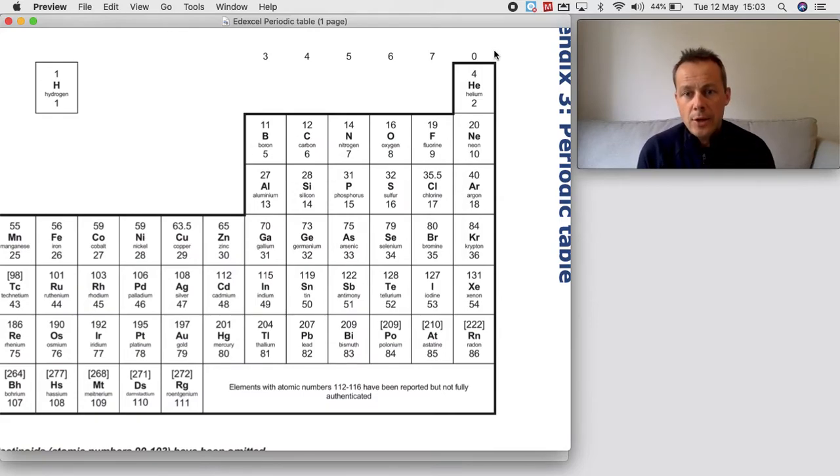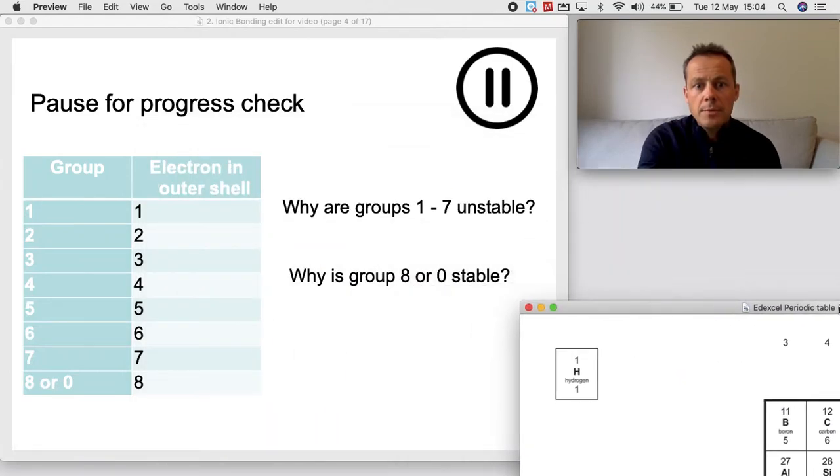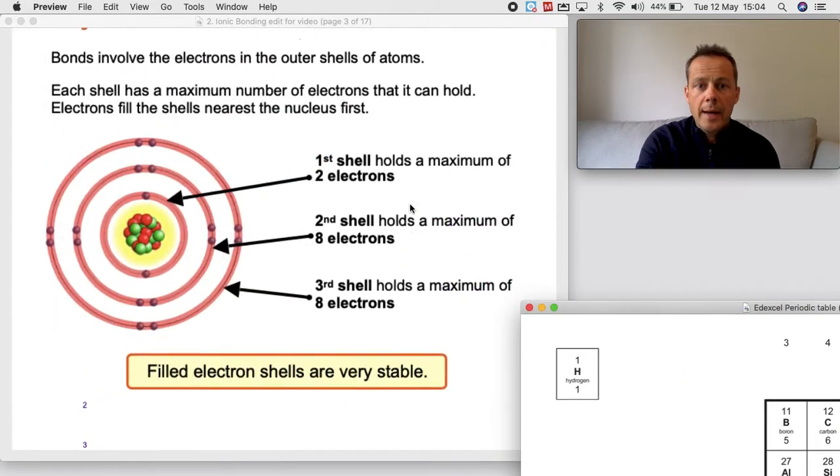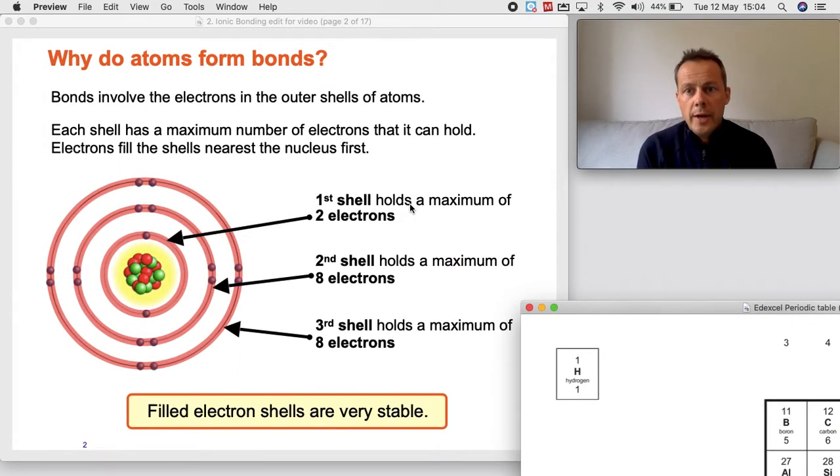Moving down to neon. Neon has 10 electrons because the atomic number is 10 and that tells us it has 10 protons. So if an element has 10 protons, it must have 10 electrons. Now, going through, if I just move this and go back a slide and we look at our electron diagram, the first shell contains 2. The second shell contains 8.